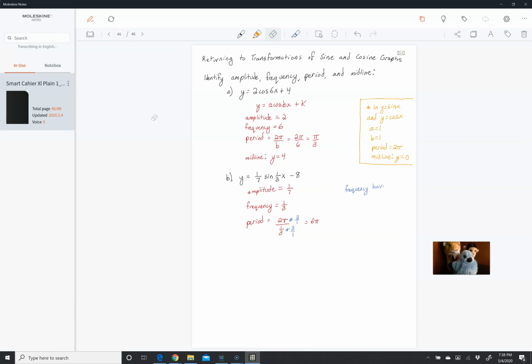We even say inversely proportional, because if the frequency doubles, the period will get cut in half. If the frequency triples, the period will be cut by 1/3. If the period triples, the frequency will be cut by 1/3.